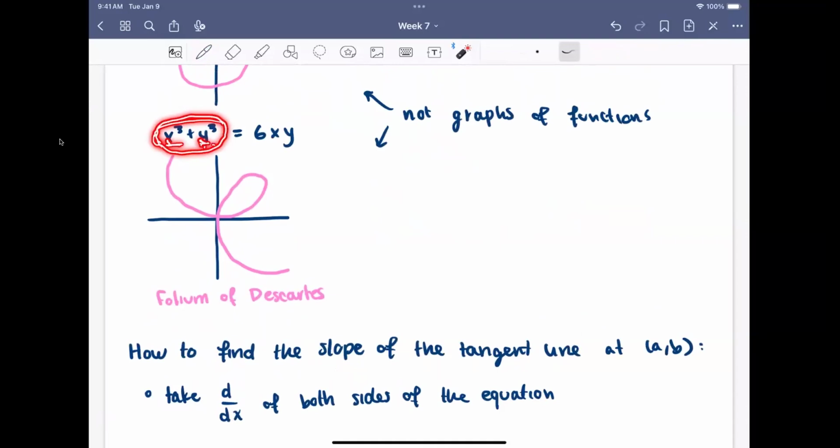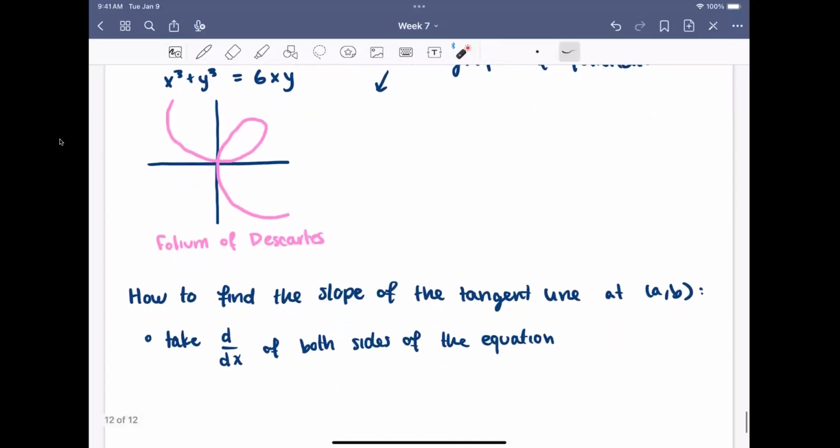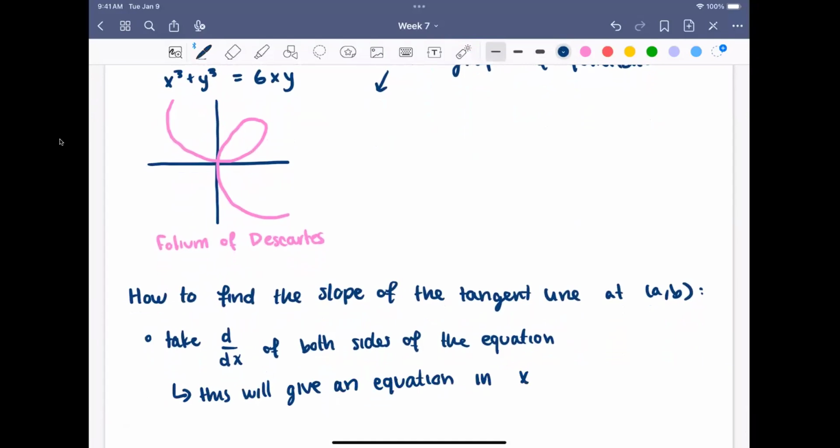So what I get out of it will involve y's and y primes. This will give an equation with variables that look like x, y, and y prime.